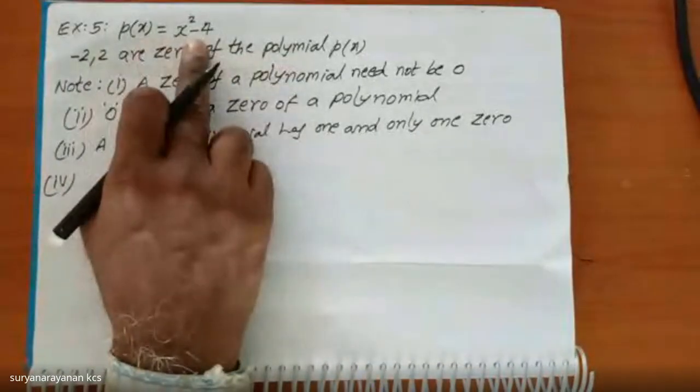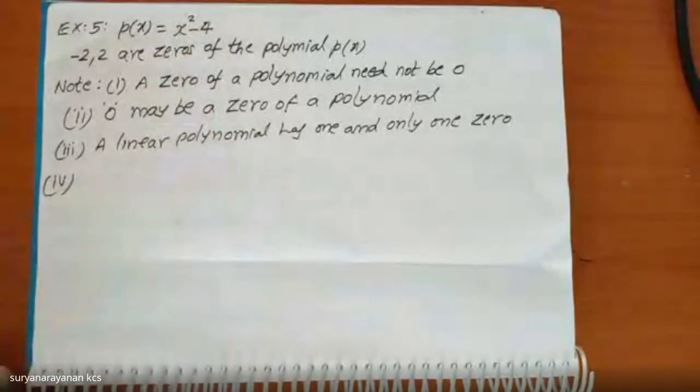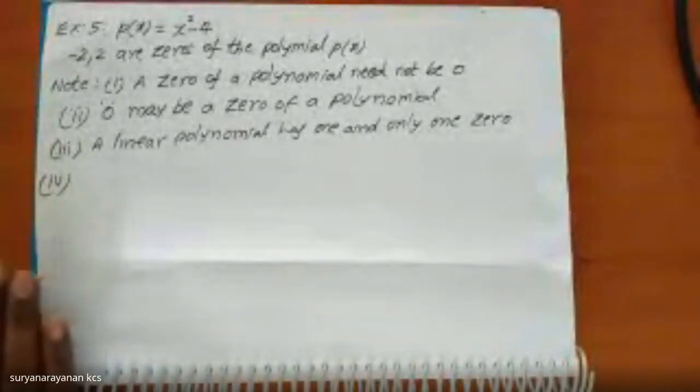So for a quadratic polynomial, how many zeros will be there? 2 zeros. For a quadratic polynomial, how many zeros will there be?